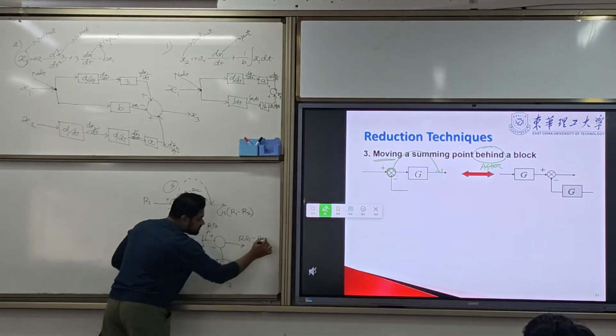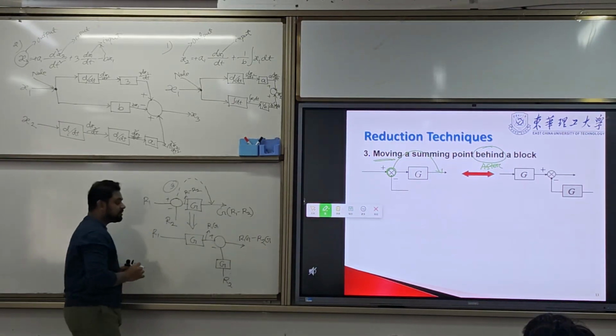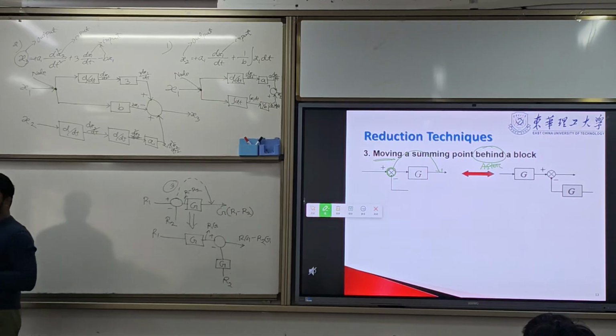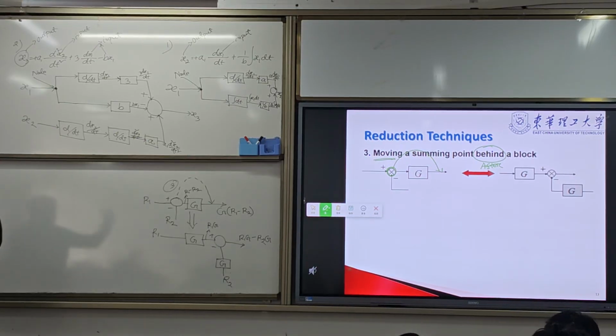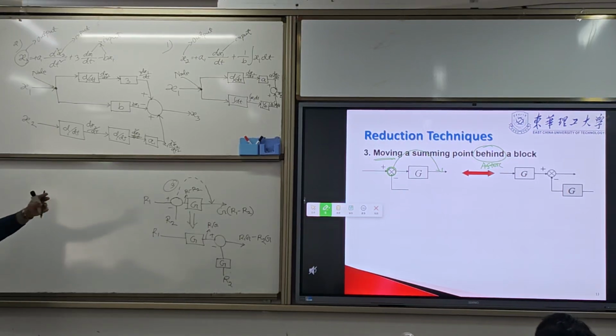Now we have G, so we can have R1G minus R2G. So now the outputs are the same. When you move a summing point forward or backward, the output must be the same. That's why we need to use that. So this is the proof.